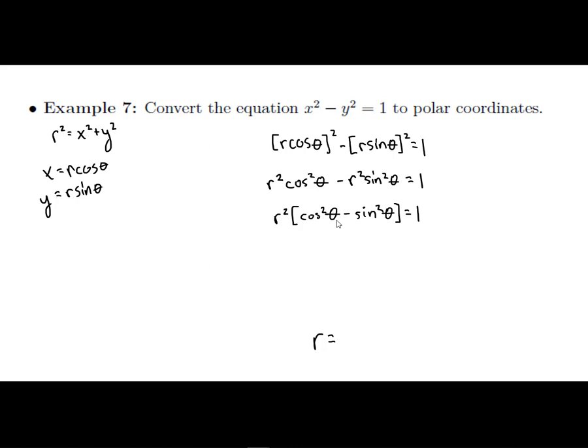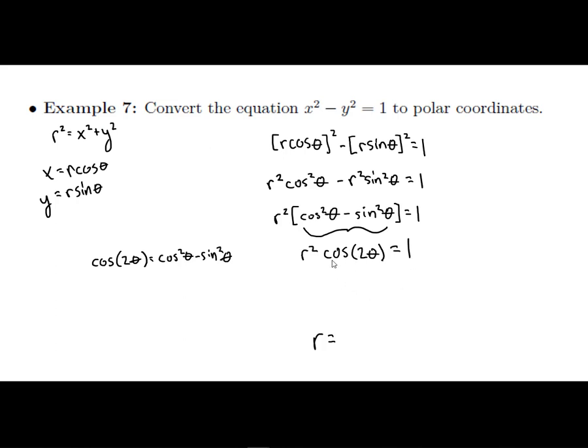So this should look very familiar, and hopefully if you stare at it for a few seconds, you realize that what you have is the double angle formula for cosine. So this can become much nicer. So I end up with r squared and then cosine of 2 theta equals 1.